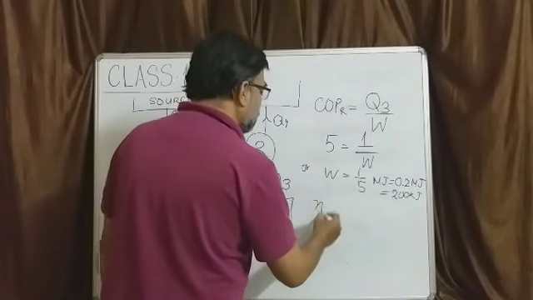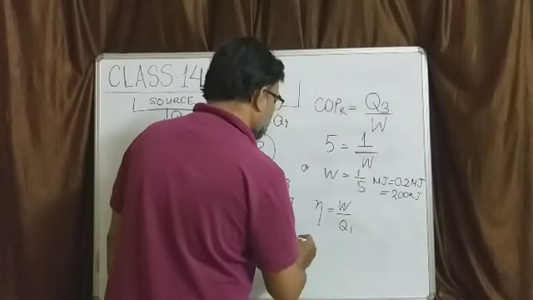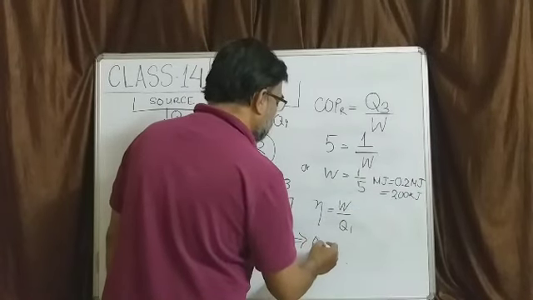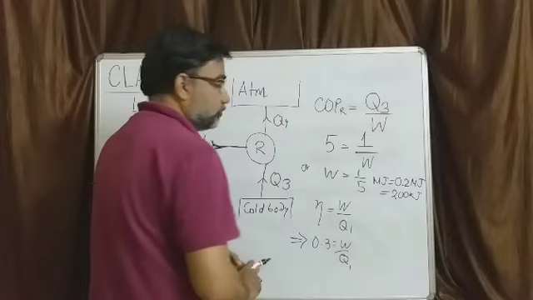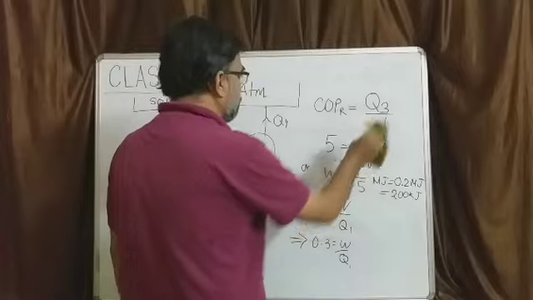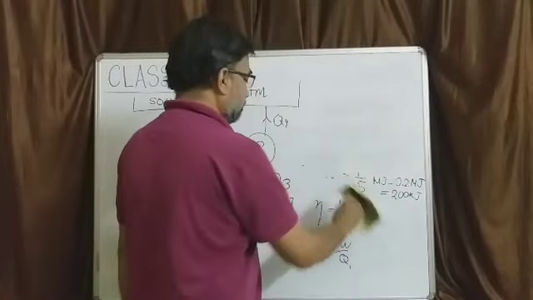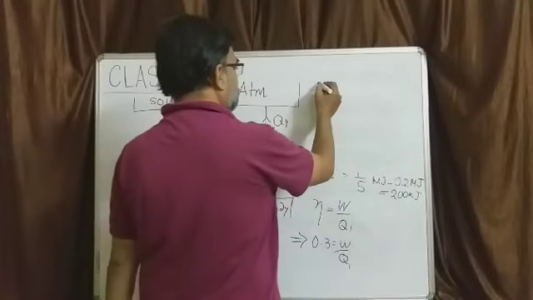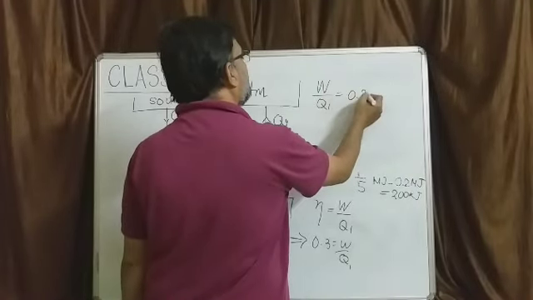Now efficiency of the engine is W by Q1 and eta is 0.3. So what is Q1? So W by Q1 is 0.3.